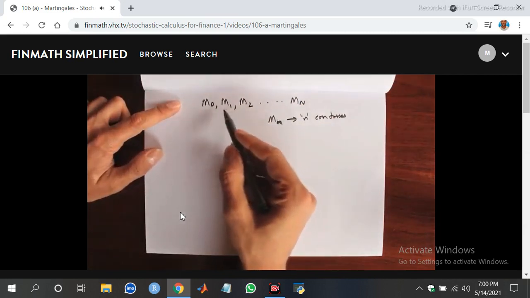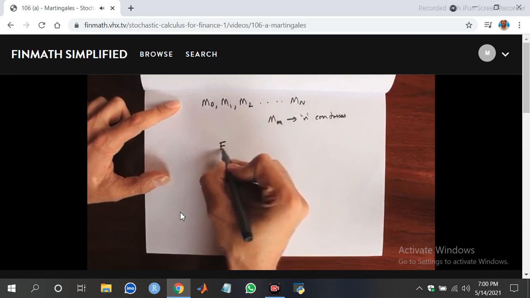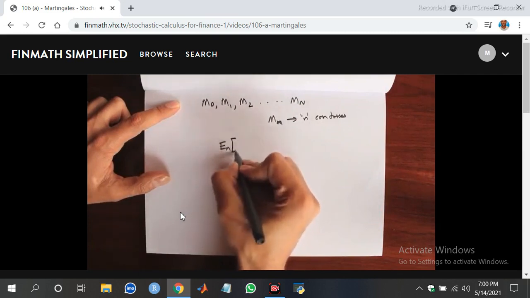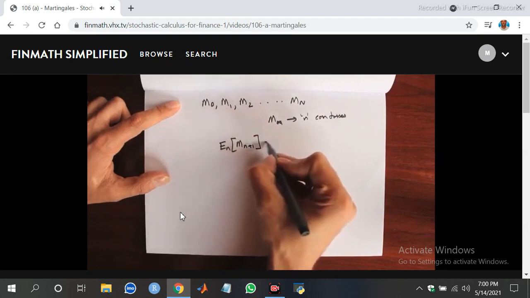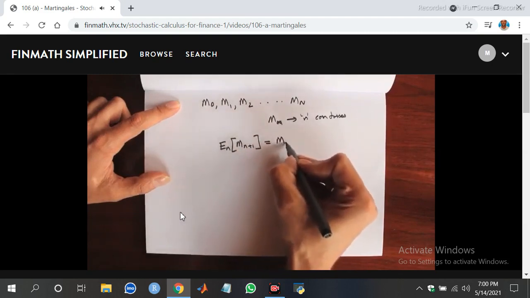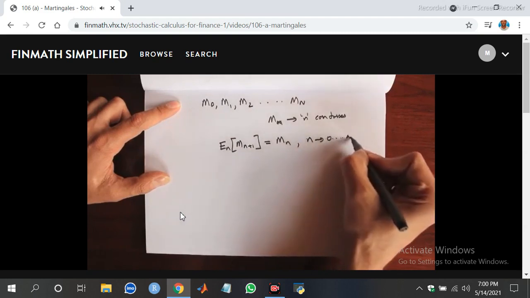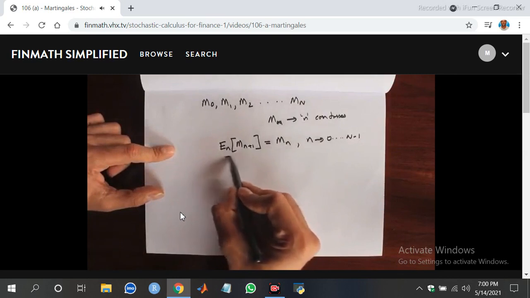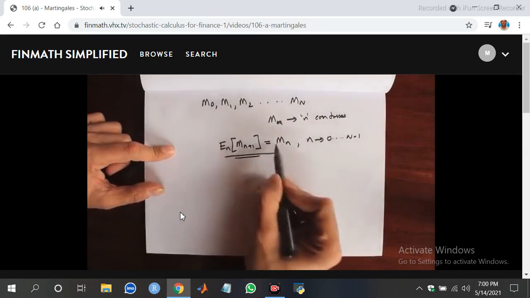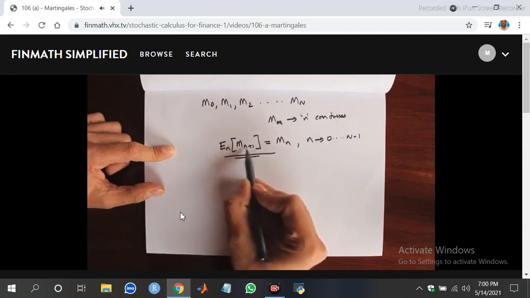We say an adapted stochastic process is a martingale if the expectation at time n of the random variable M(n+1) is equal to M(n), for all n from 0 to N minus 1. As you can see, this is a one step ahead property: we are taking expectation at time n of the random variable M(n+1).